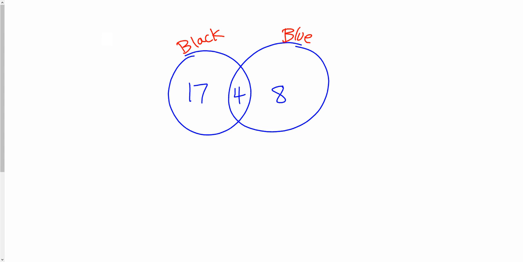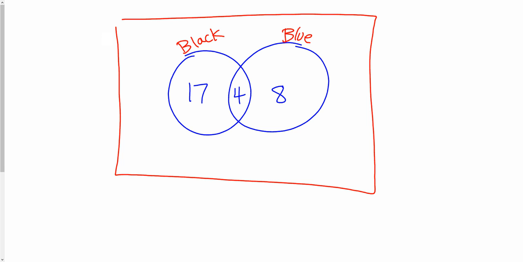Here's the part that is not in the notes, but you need to know. Sometimes there's a box, and sometimes there's a number out here, like I'll say 10. What does the 10 mean? Not the total.